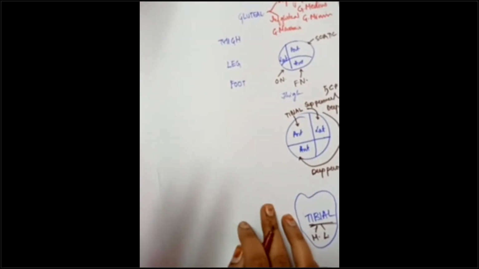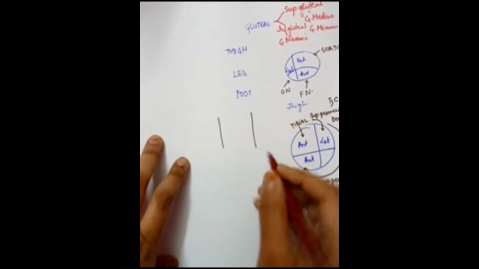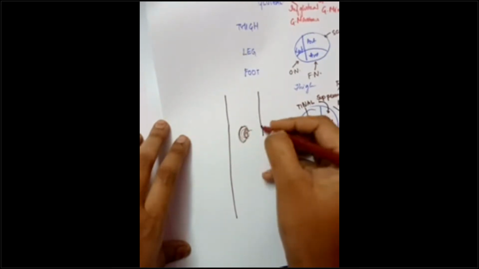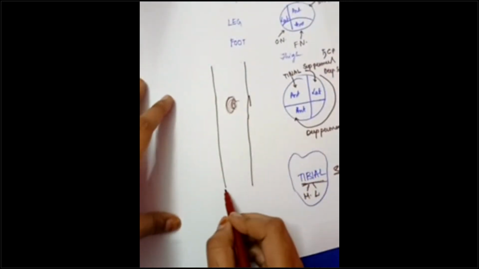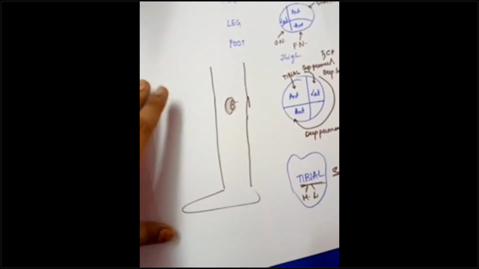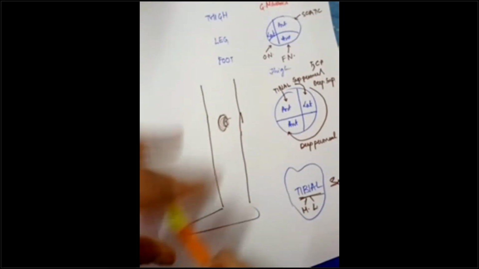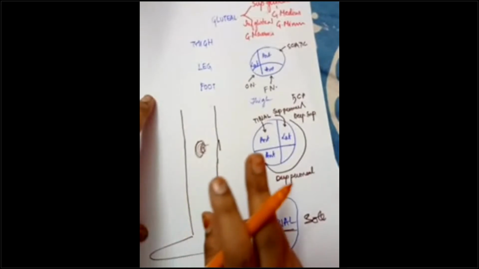So now going on to your cutaneous supply. Cutaneous is a little complicated, so listen. This is your thigh, this is your leg, I'll take off the knee. Knee. Okay, this is your leg and this will be your foot. We studied in the plexus part the lateral cutaneous nerve.